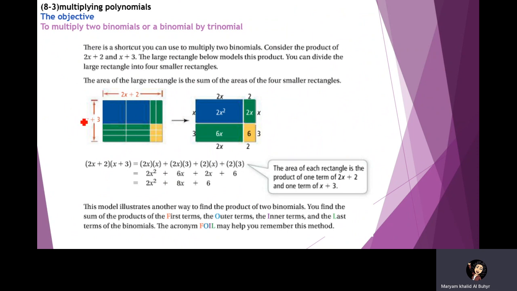If we have, for example, this rectangle, with the base or the width given as 2x plus 2, this is given by x, and this is given, for example, x. Got it? Here is 1, and here is 1. This represents 1, and this also represents 1.